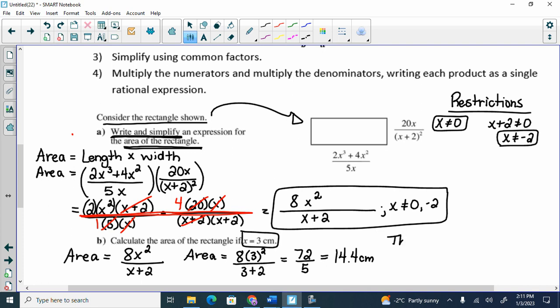The area of the rectangle if x equals 3 centimeters is 14.4 centimeters squared. I still don't picture squared, it's an area. All right.